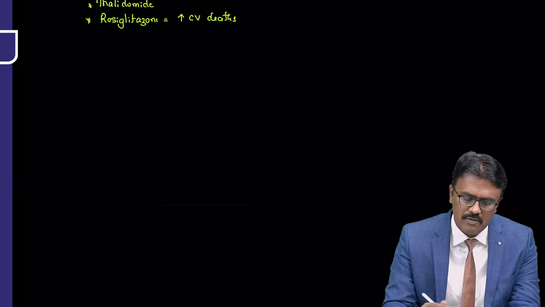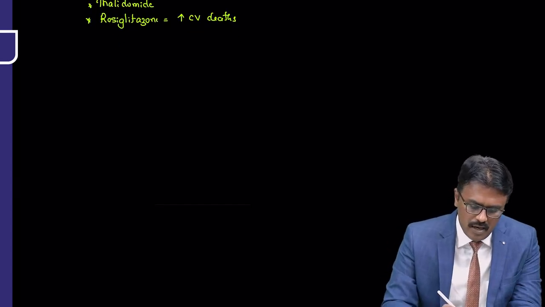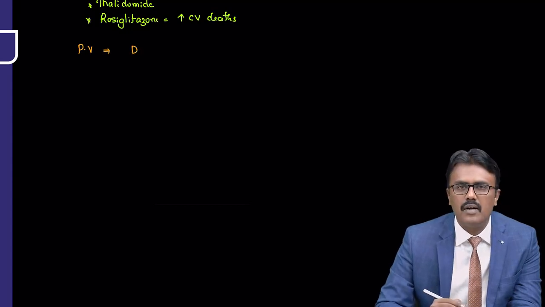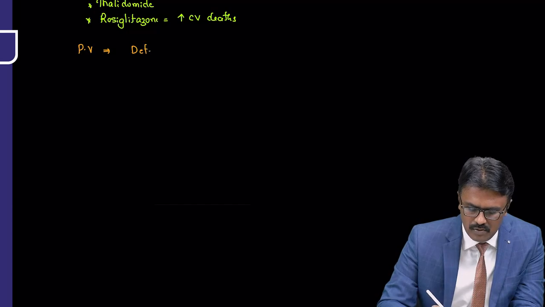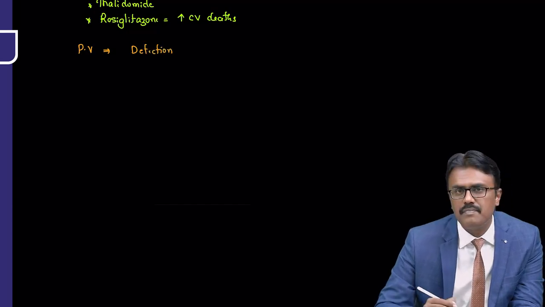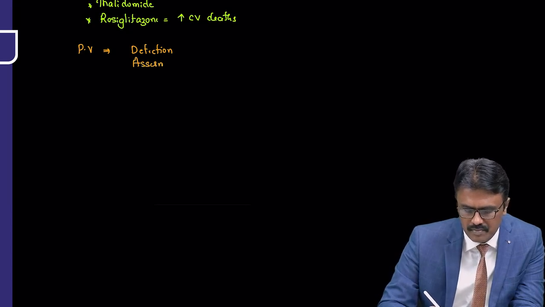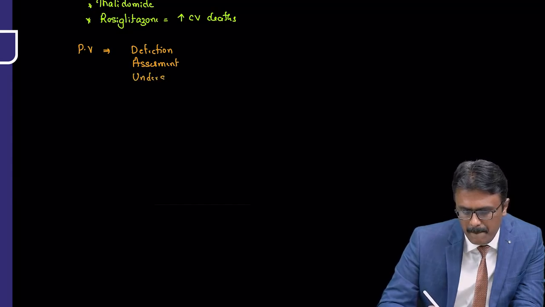Now how this was successful? Because pharmacovigilance is a program which depends on these important aspects. So it is required for detection of adverse drug reaction, then assessment of the adverse drug reaction, understanding why it is happening, and then preventing the adverse effect.